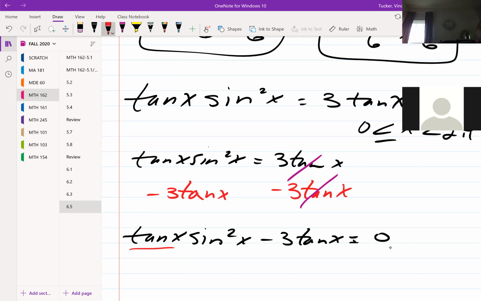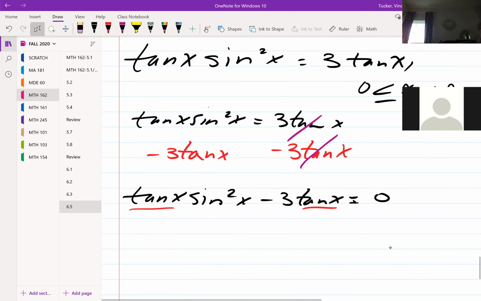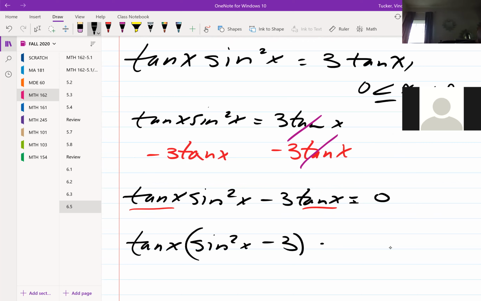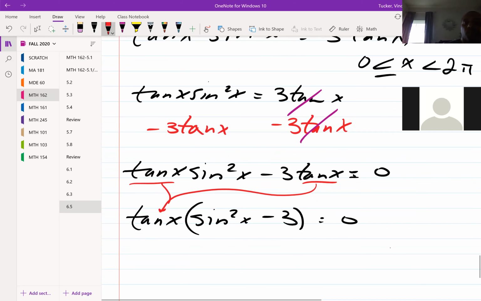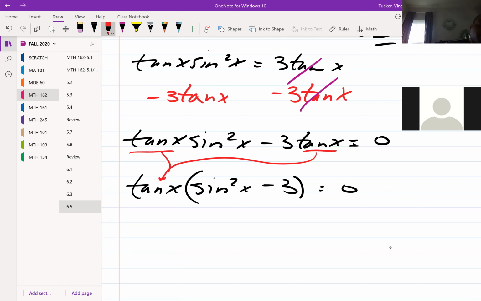Then we have tan that's in both terms, so we can actually factor tan out. We just factor the tan to the front. And now it looks like we can set each piece equal to 0.